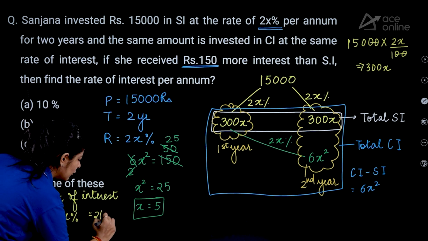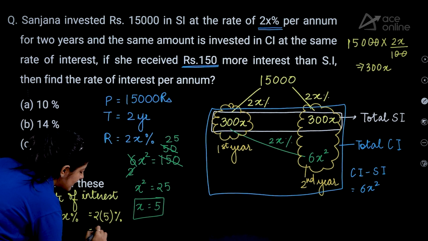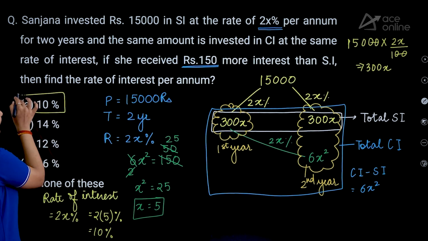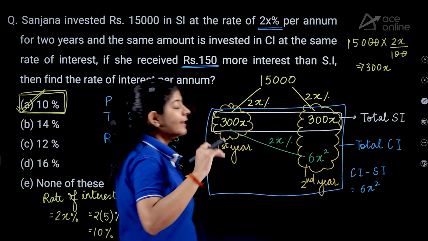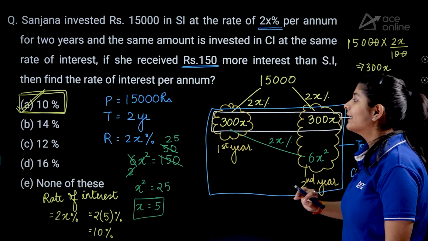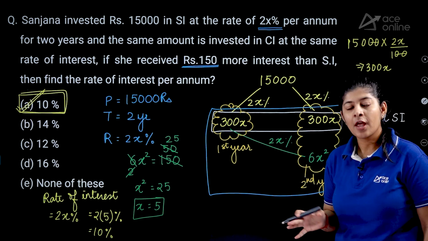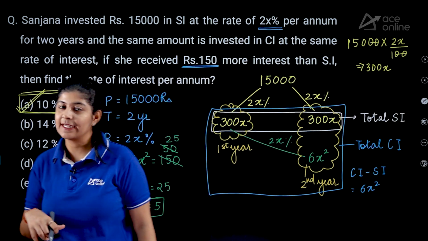So 2 into 5%. That means the rate percent that I am getting over here is 10%. Option number A is the correct one. The rate of interest that I am getting in this particular case is 10%.